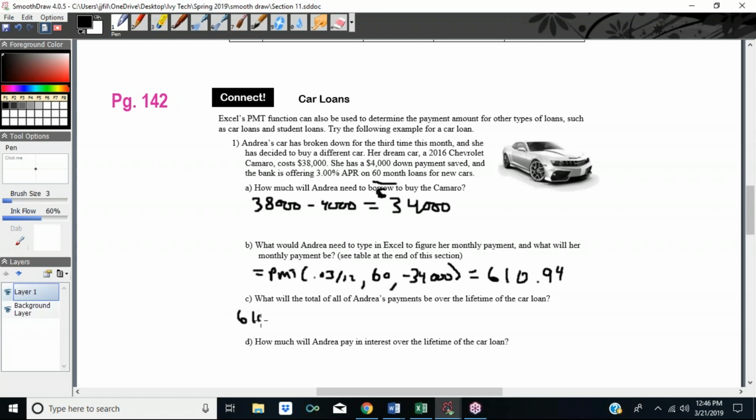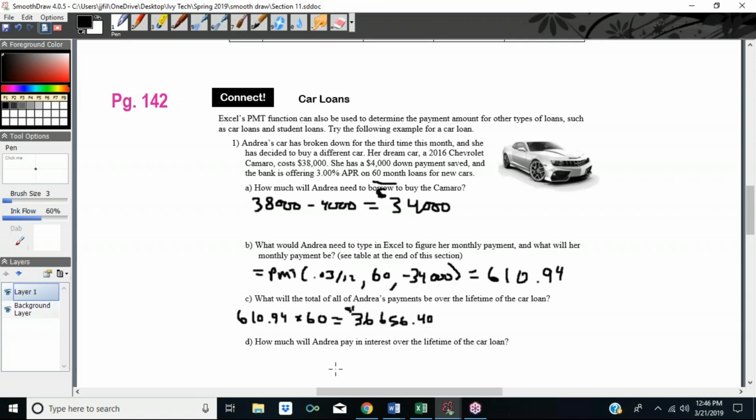Now it says, what will the total of all of Andrea's payments be? So 610.94 times the 60 months. Let's see, 36,656 and 40 cents. Yeah.